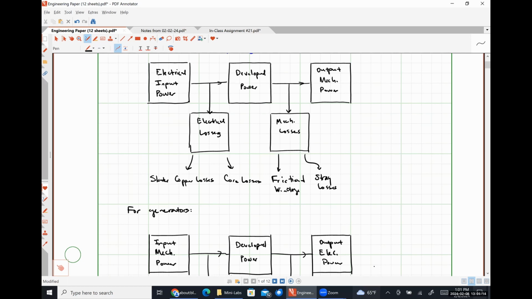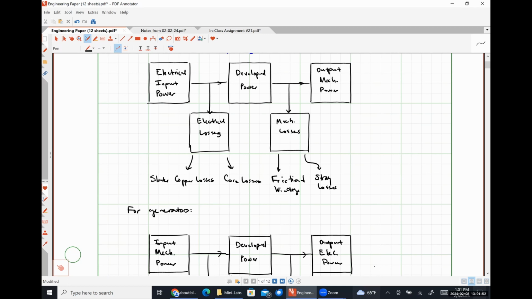And I personally believe that we have enough information to find our stator copper losses. So realistically, if we can figure out our electrical input power, and then subtract from that our stator copper losses, our core losses, and our friction and windage losses, we'll have our output mechanical power. Does that make sense? The only two pieces of information we're missing are our electrical input power and our stator copper losses.